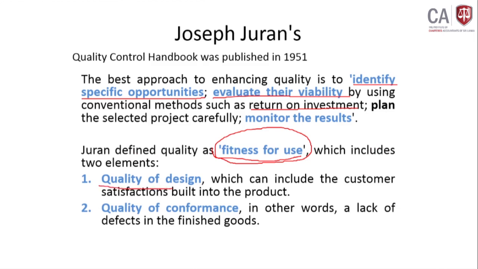Quality of design, which can include the customer satisfaction built into the product. Quality of conformance, in other words the lack of defects in the finished good. Quality of design and quality of conformance are mentioned by Joseph Juran in fitness for use. Quality is fitness for use, that is said by Joseph Juran.